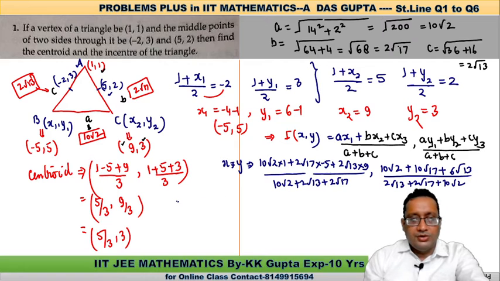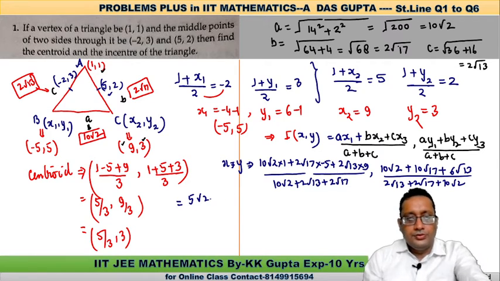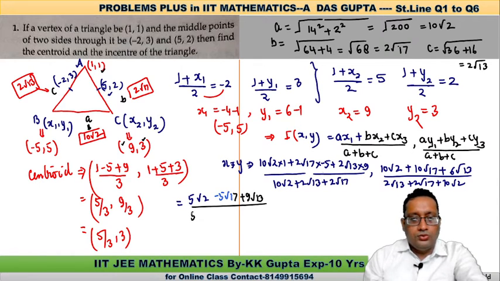Now for the x coordinate, if we divide by 2, this becomes 5 root 2 plus minus 5 root 17 plus 9 root 13, divided by 5 root 2 plus root 13 plus root 17.